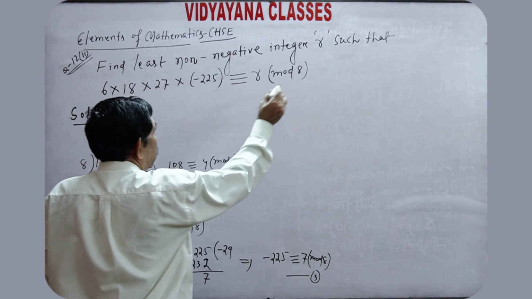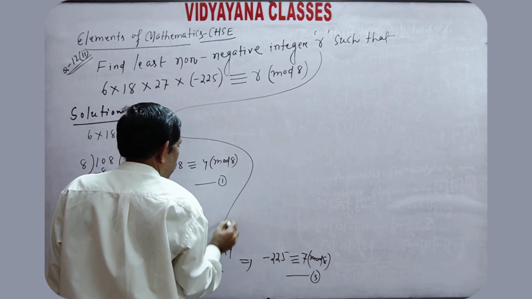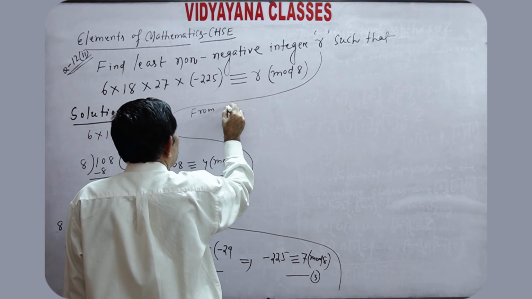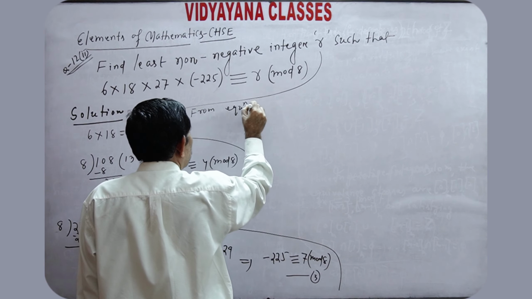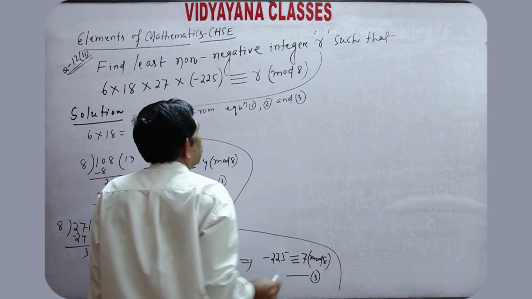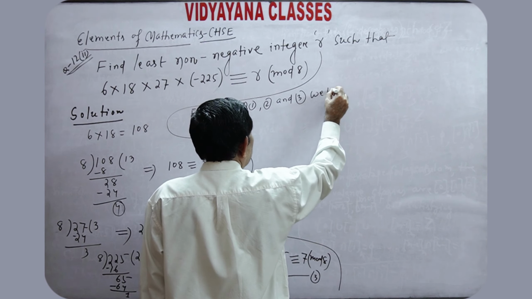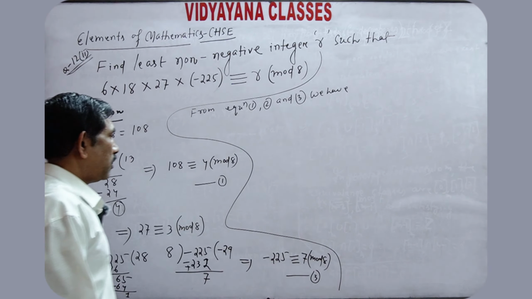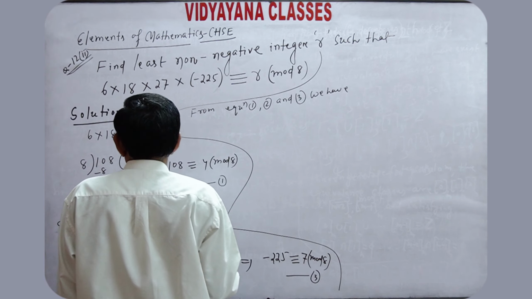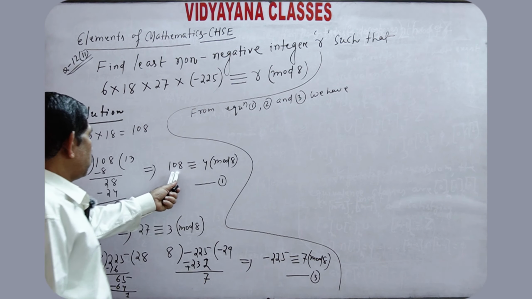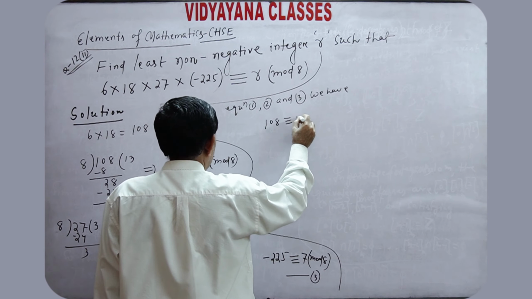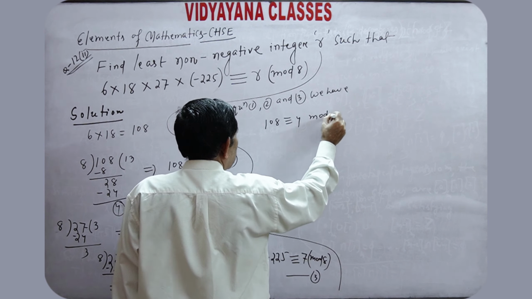From equations 1, 2 and 3, we have 108 congruent to 4 mod 8.